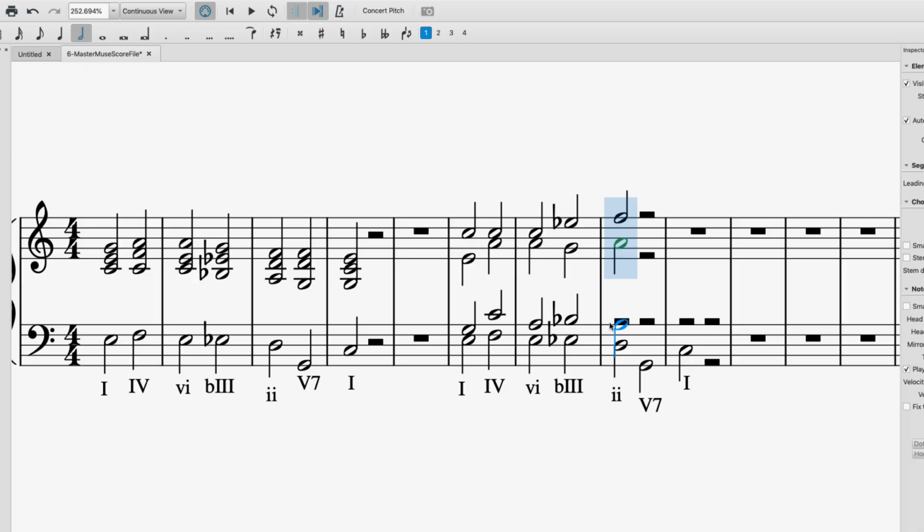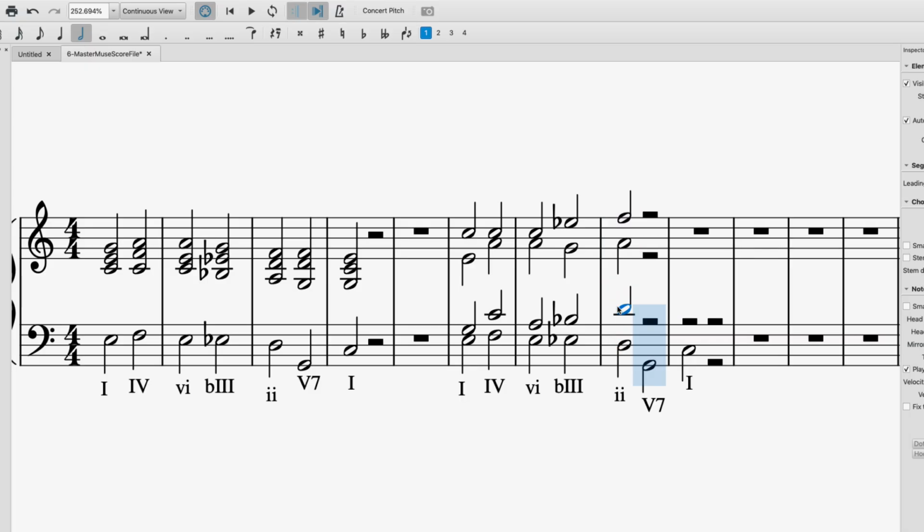A is going to be a parallel 4th. It's going to be a chromatic. It's going to be a parallel 4th, which isn't great. And I really don't want that here. So I might have to go up to D. That way I approach this octave from contrary motion, which is nice.